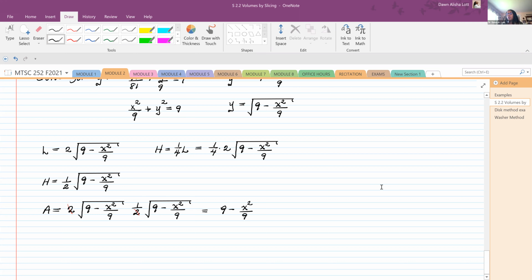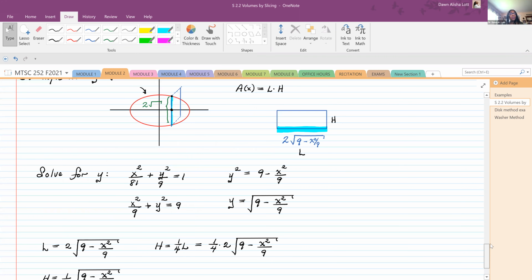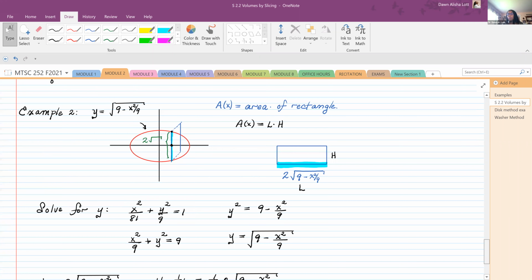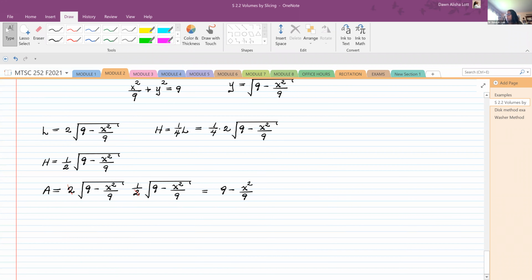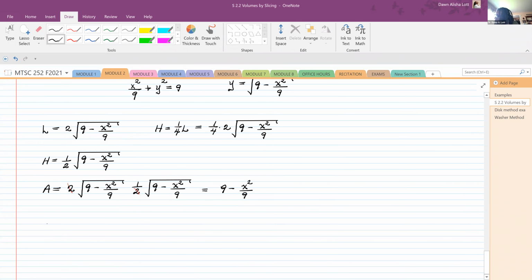Now here's the trickier part, because now we have the area. The volume is the integral. We don't know a and b yet, but we do know the area is 9 minus x squared over 9.